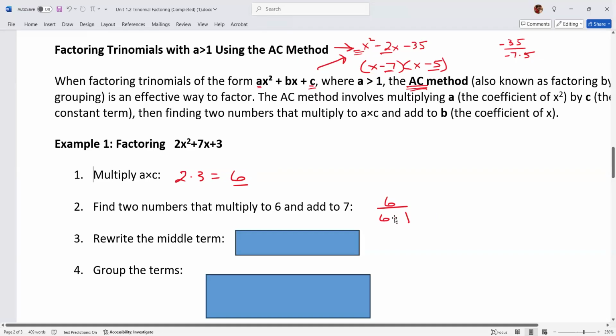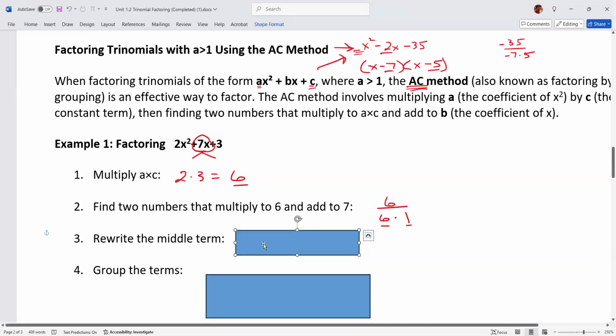Now, the trick here is what do we do with it? Well, we're going to rewrite that middle term. That middle term is this 7x. We're going to rewrite that as two terms, using the 6 and the 1 as the coefficients of the x terms.